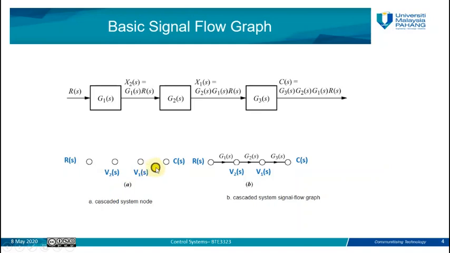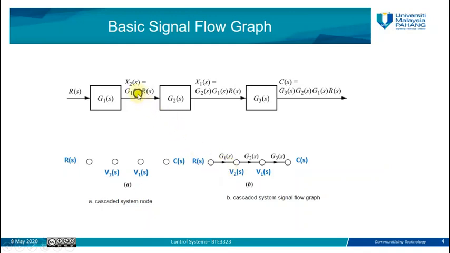After we define the nodes, we need to define the branches or the systems between these nodes, how these nodes are connected to each other. For example, between node R(s) and node V2 we have one subsystem, G1. So we draw a branch between node R(s) and node V2, and the gain is G1(s).